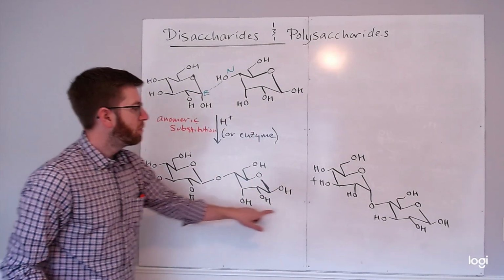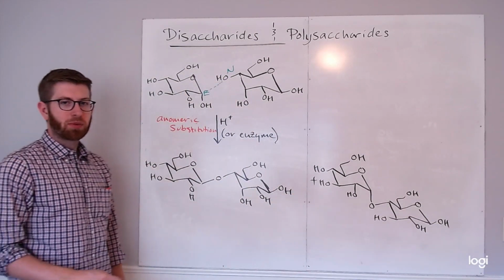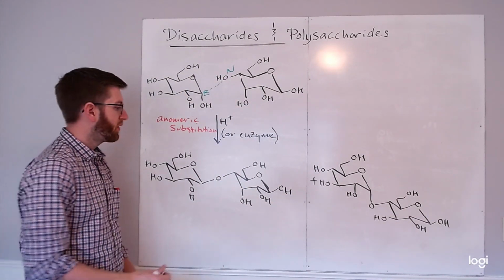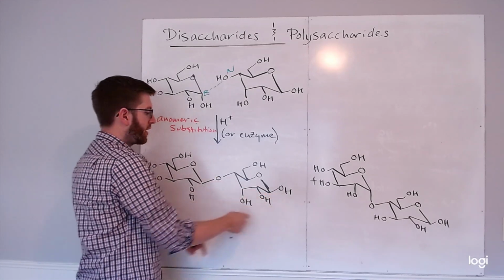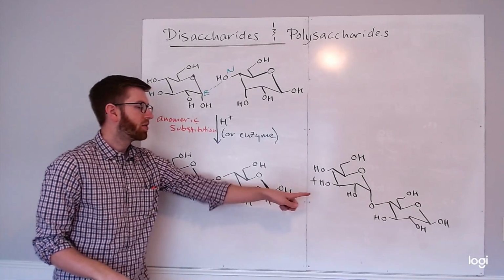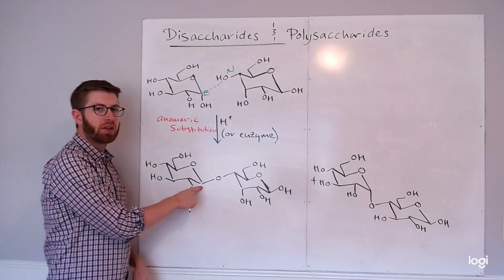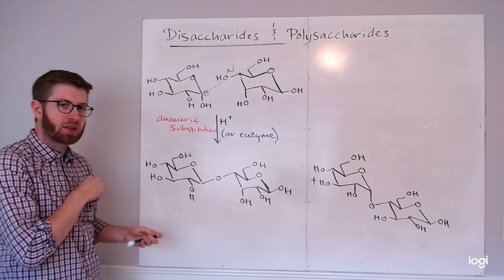So these two products turn out to be anomers of each other. Basically, even though I've got this massive unit that's attached to my anomeric position, the only way that these two structures differ is their configuration at this anomeric position, which I'm going to star.